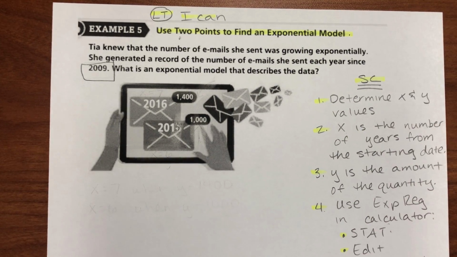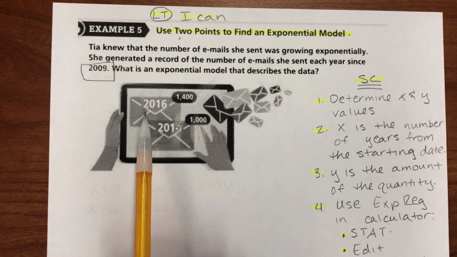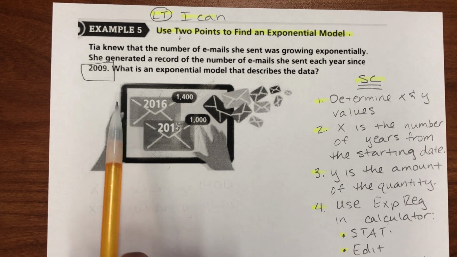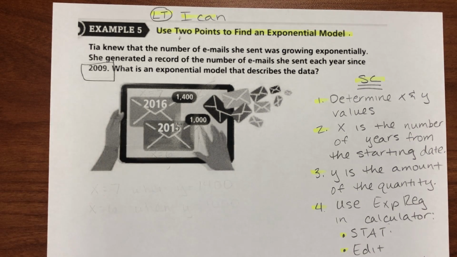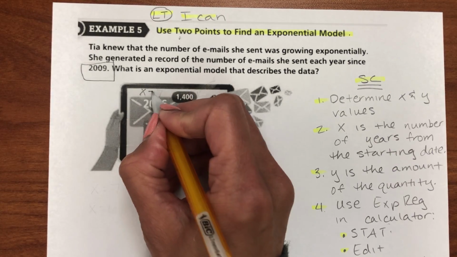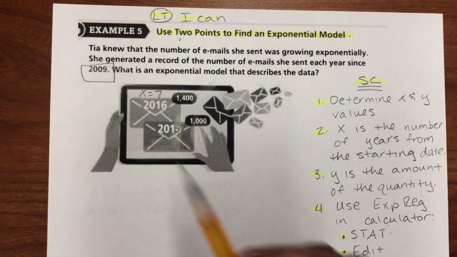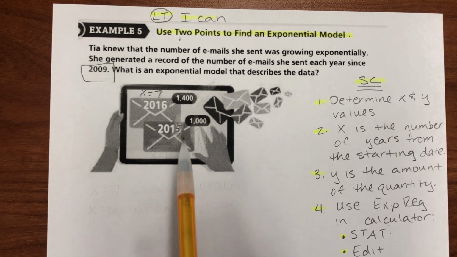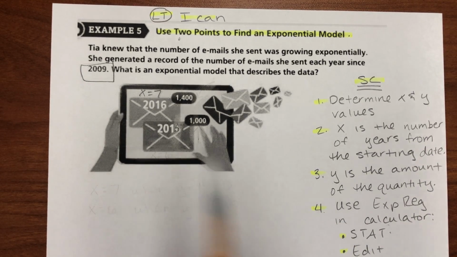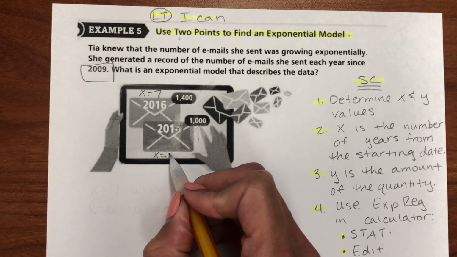So how many years have passed by the time it's 2016? Well, from 2009 to 2016, that would be 7 years. So x is 7 for our first data point. And then for 2015, that would be 6 years. So x is 6.